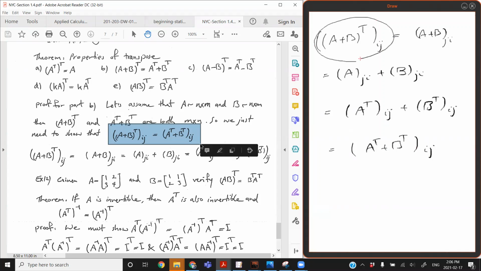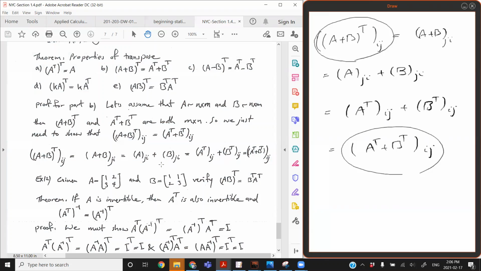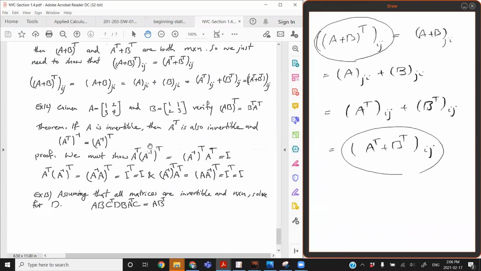So I started here, I ended here. That means the two matrices (A plus B) transpose and A transpose plus B transpose have the same entries. Is that clear?